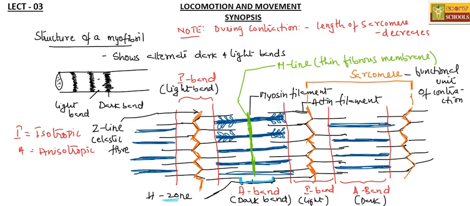Here the sarcomere is from one Z line to another Z line. So from this point to this point is the length of the sarcomere. It decreases when there is a contraction.